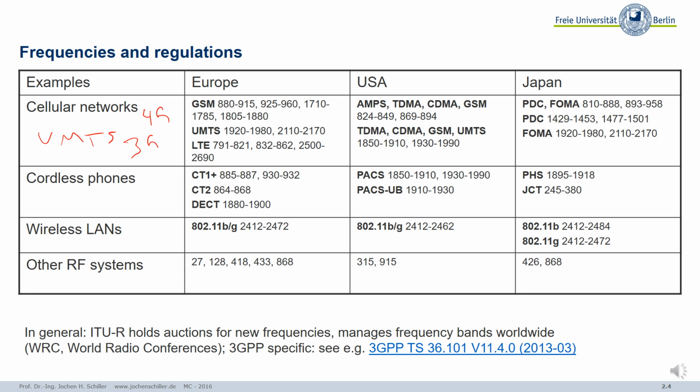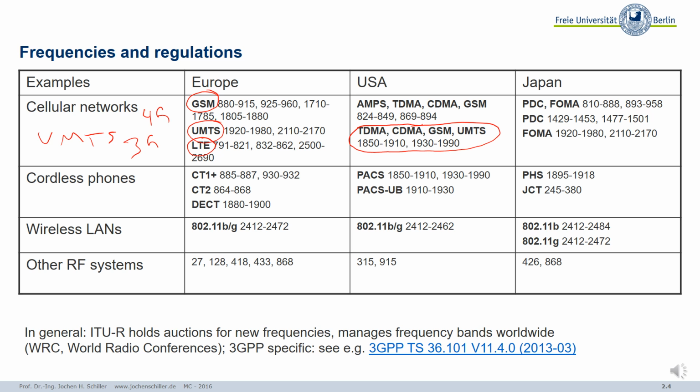In the US, typically the decision was, okay, we use this frequency for a certain purpose, and then we let the market decide which technology to use in this frequency. And the result is, for example, in the US, you have different competing technologies at the same frequency. In Europe, you have a clear separation for these different technologies. You will not find two competing technologies on the same frequency. So that's a different philosophy.